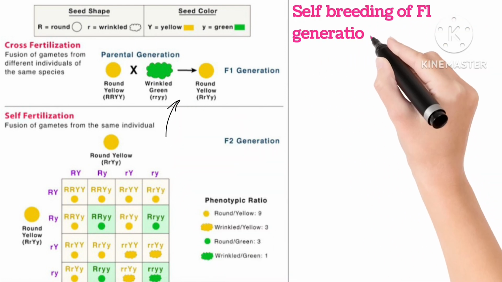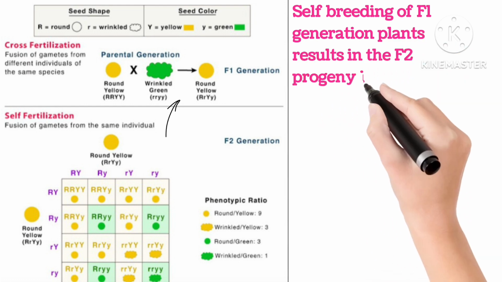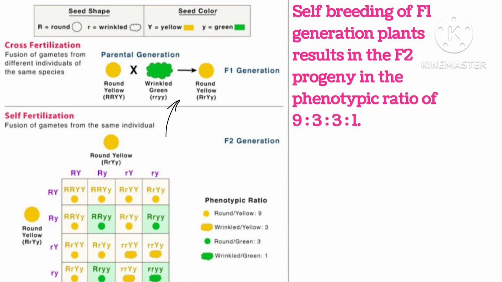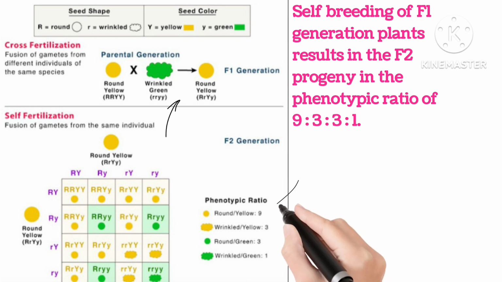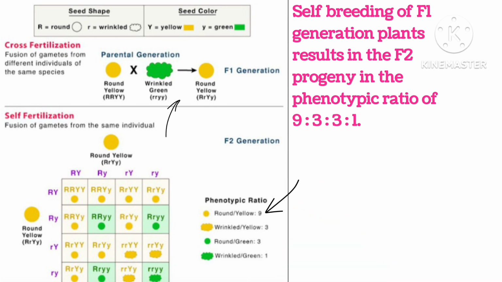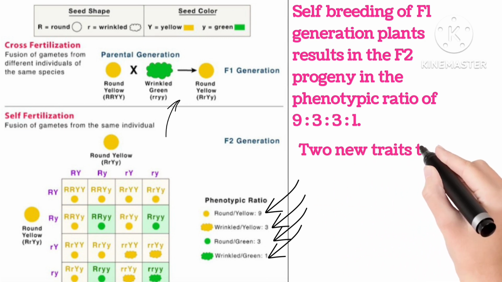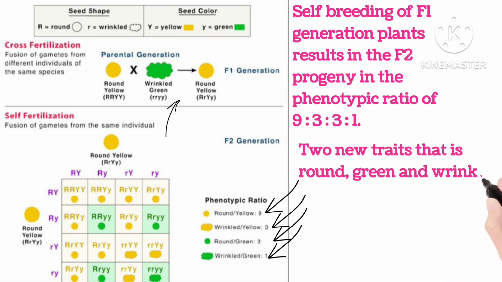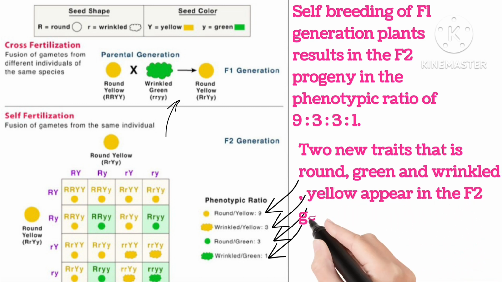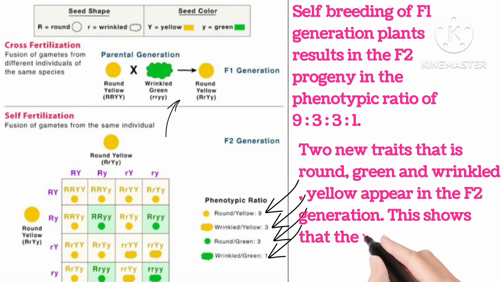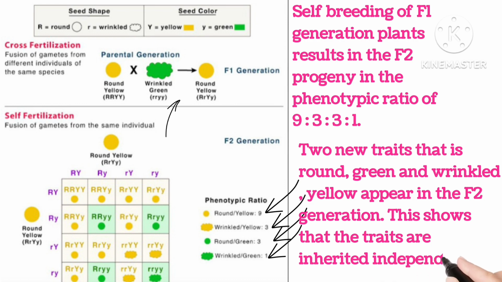Self-breeding of the F1 generation plants results in an F2 progeny in the phenotypic ratio of 9:3:3:1. So 9 round yellow seeds, 3 wrinkled yellow, 3 round green seeds, and 1 wrinkled green seed. The two new traits, that is round green and wrinkled yellow, appear in the F2 generation, and this shows that the traits are inherited independently.